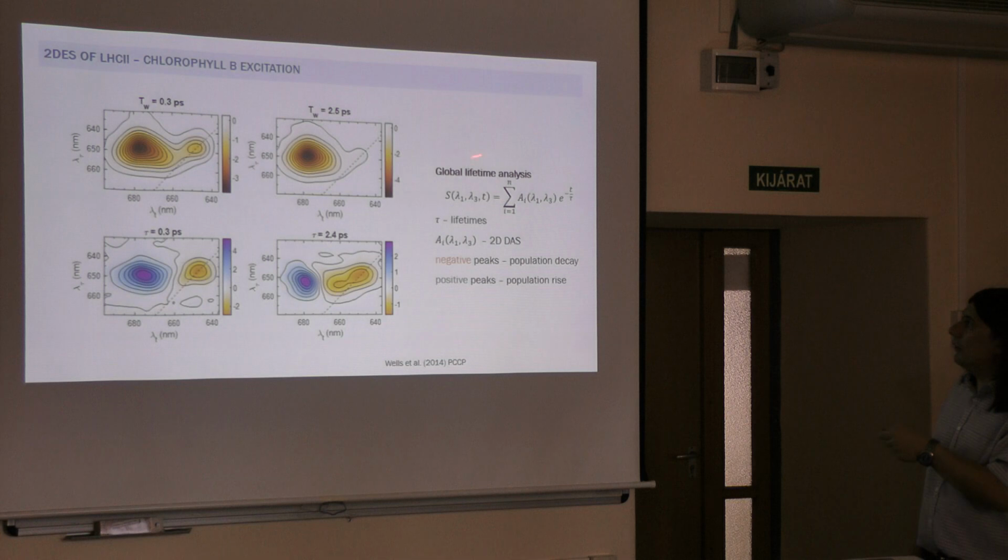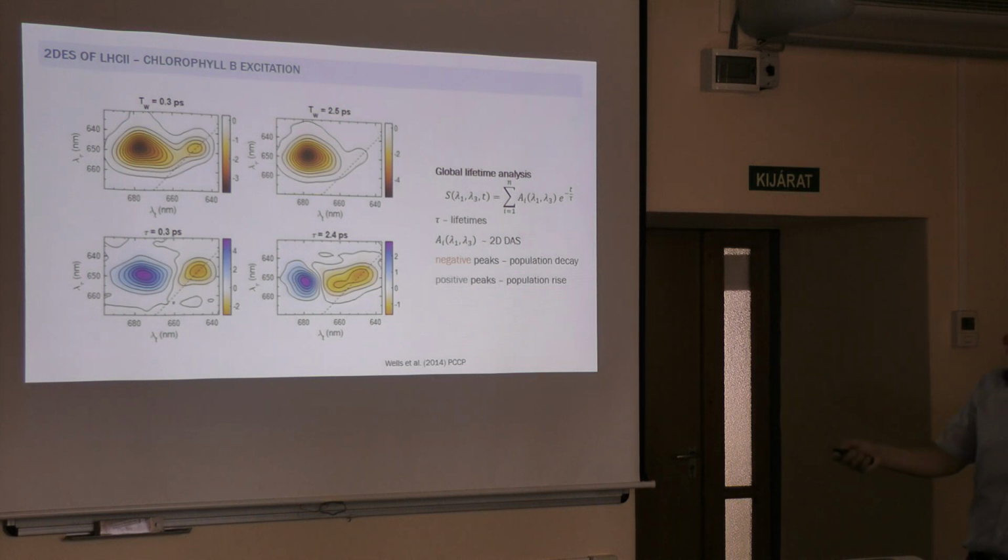The first step is a lifetime analysis of all the spectra, and you can get what is called the decay-associated spectra, which show you what is changing on certain lifetimes. Negative peaks mean the population decays, and positive peaks mean the population rises.